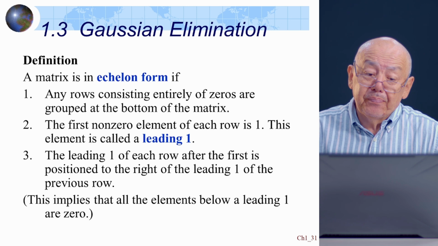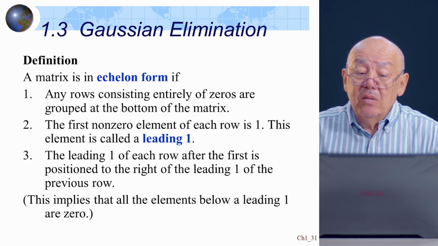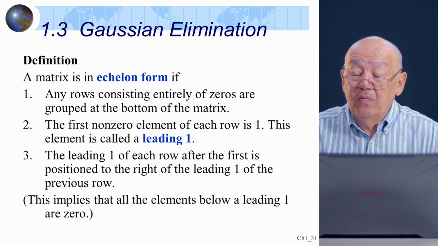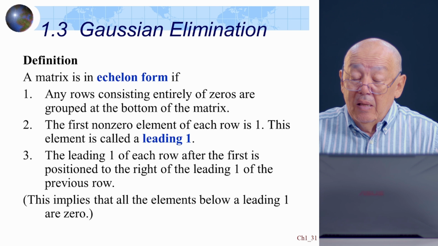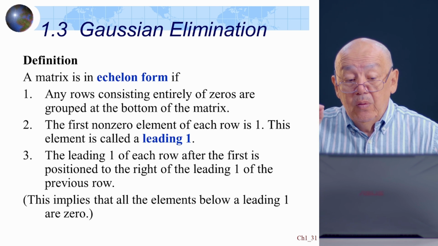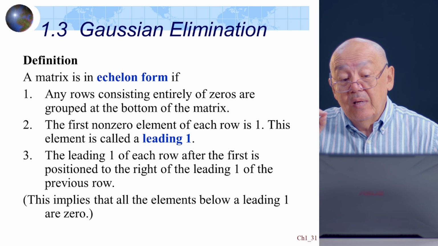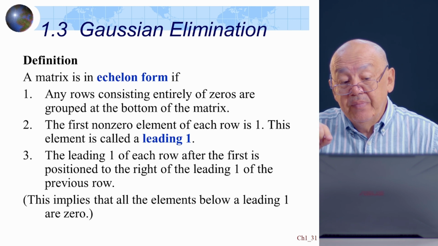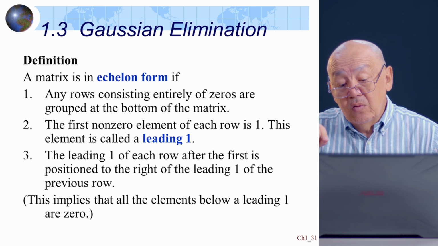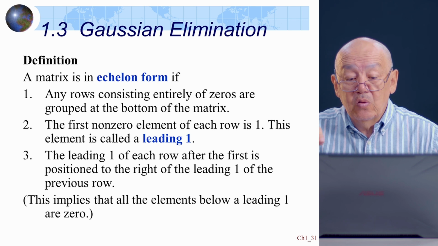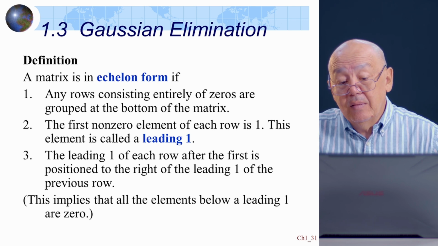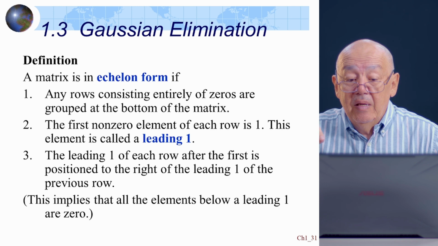Again, your aim is to get from the augmented matrix of the system of linear equations to the reduced echelon form, but you first try to get its echelon form, and then use backward substitution to get its reduced echelon form.